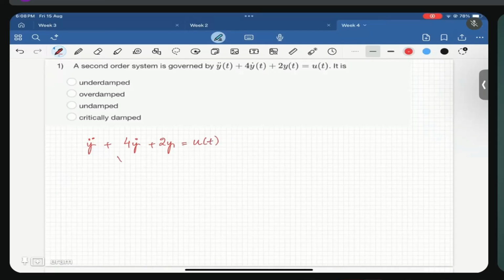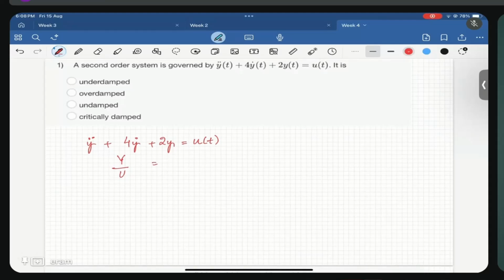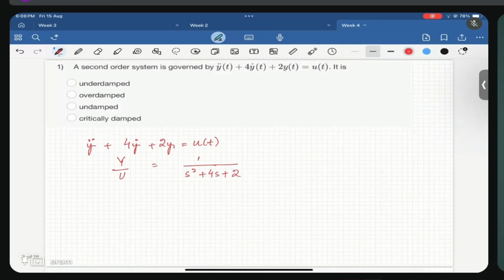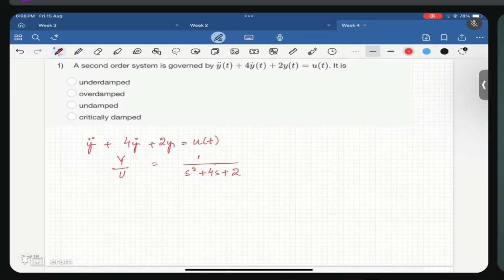So if we find out the transfer function, we will get 1 by s squared plus 4s plus 2, very simple. And if we write it in terms of the standard form, we know we have 2 zeta omega n equals 4 and omega n square equals 2, right? So from here omega n equals root 2.